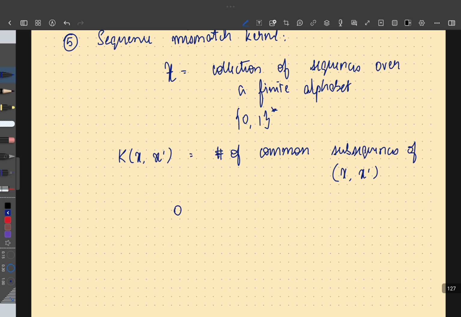So, for example, if you have 0, 1, 1, 0, 1, 1 and 0, 1, 1, 1, 1, then 1, 1, 1, 1 is a common subsequence. 1, 1, 1 is too, because you have 1, 1, 1, 1. 0, 1, 1, 1, 1 is also a common subsequence. 1, 1 is also a common subsequence. 0, 1, 0 is not a common subsequence.